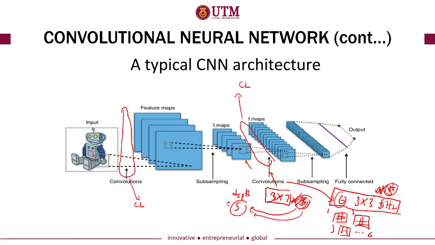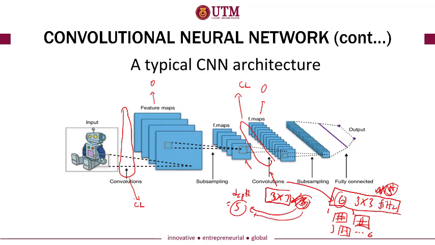As you can see, in order to obtain this feature map, inside this convolutional layer you need an activation function, because the feature map refers to your O. This is also the same. This is your O. From here you can see there are a few basic components you need to know in order to develop a CNN.